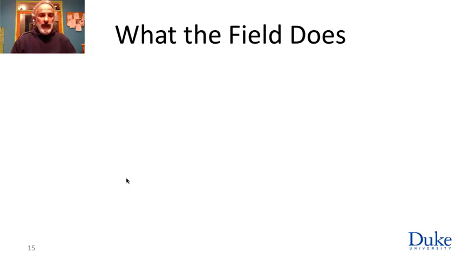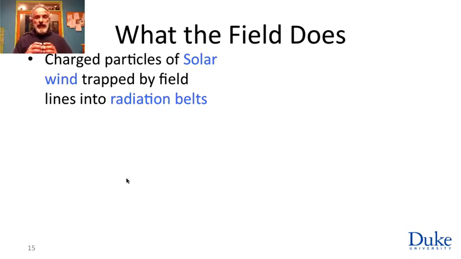So now we understand what the magnetic field can do for us besides directing compasses. What the magnetic field does is that it interacts with that solar wind of charged particles that are constantly being emitted by the sun. What happens to these charged particles when they hit the Earth's magnetic field is that they go into circular motion in a direction perpendicular to the field.